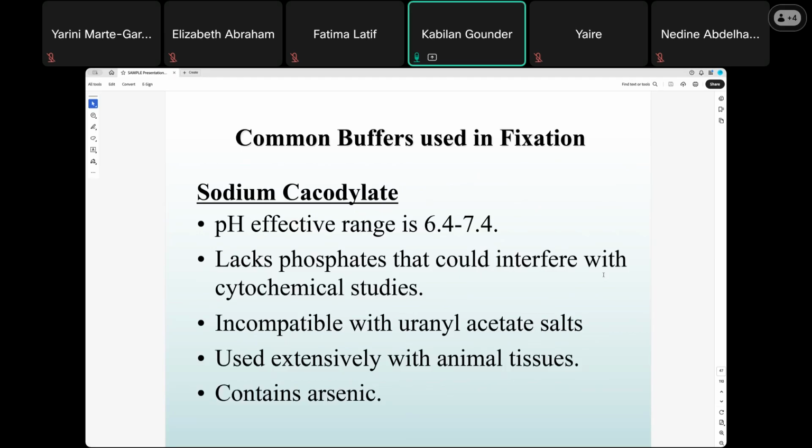When you use this buffer for electron microscopy, it is not compatible with the stain. This type of buffer we commonly use in animal tissues. Also, this buffer contains arsenic, so we do not often recommend using this type of buffer.